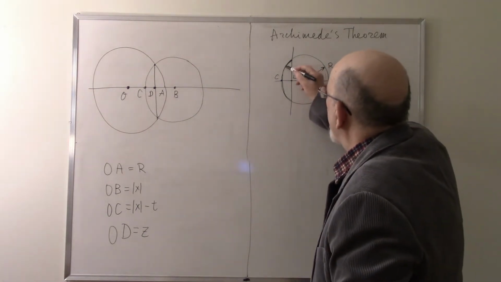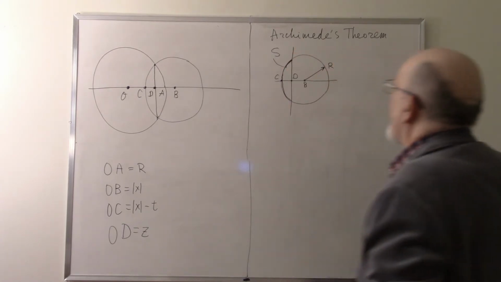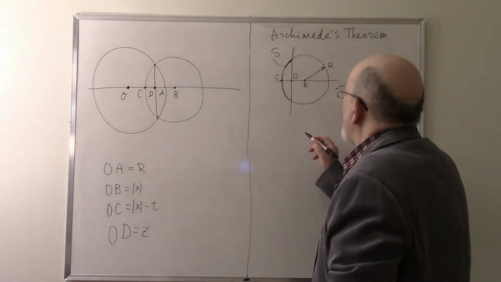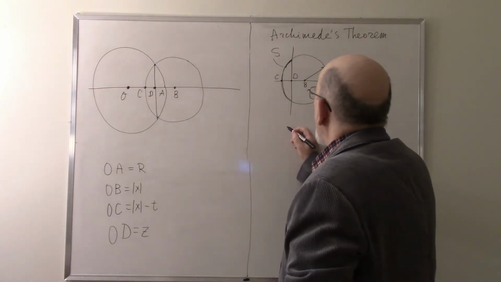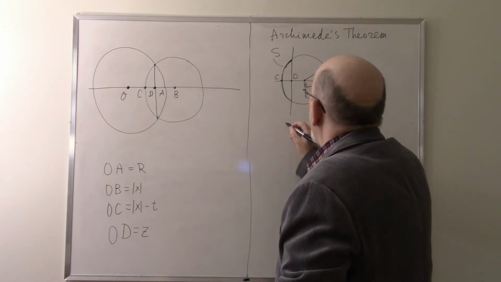So let us recall, let us denote this area by S. And Archimedes' formula is the following.